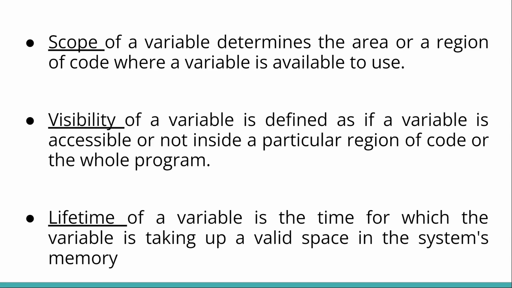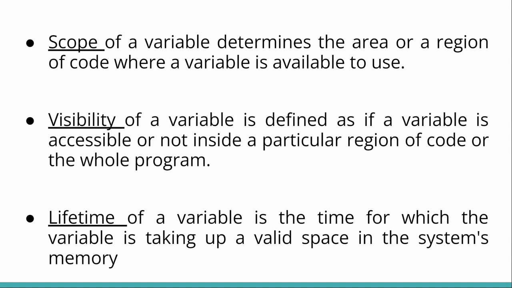And next important definition is visibility. Visibility of a variable is defined as if the variable is accessible or not inside a particular region of code or the whole program. So if something is declared globally, it's visible throughout the program. But if something is declared local to a main function or local to a user defined function, it cannot be used outside that.